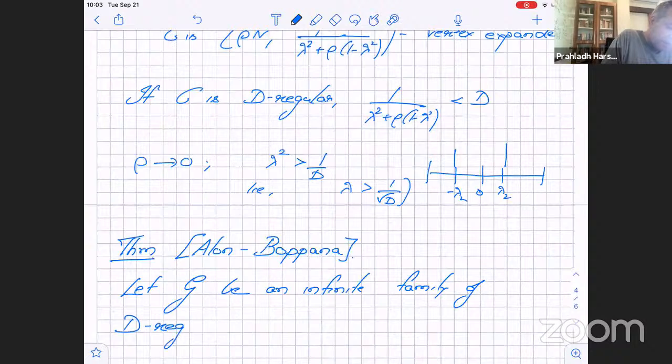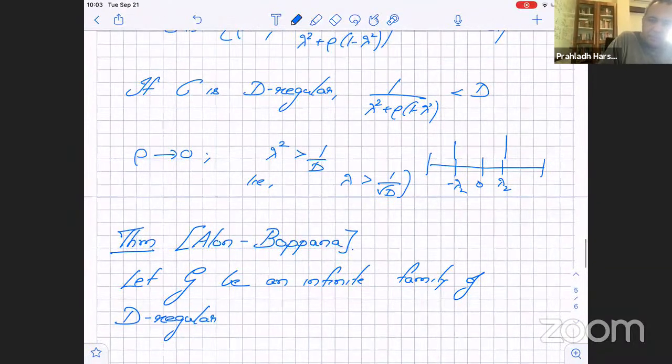So it's an infinite family, but all the graphs are D-regular, with spectral expansion 1 minus lambda.